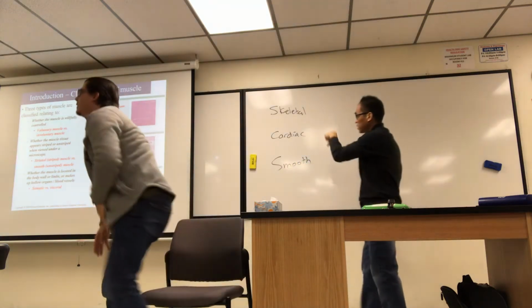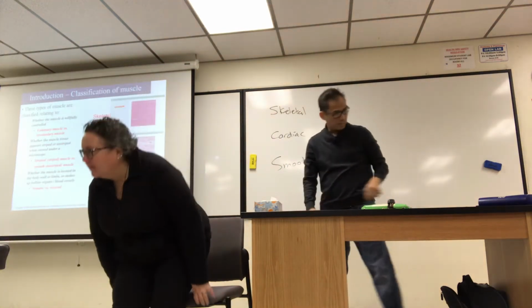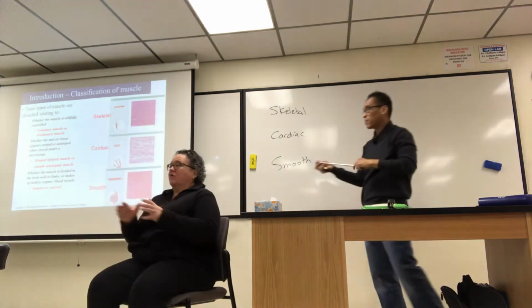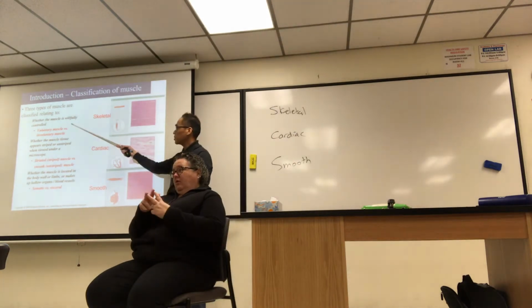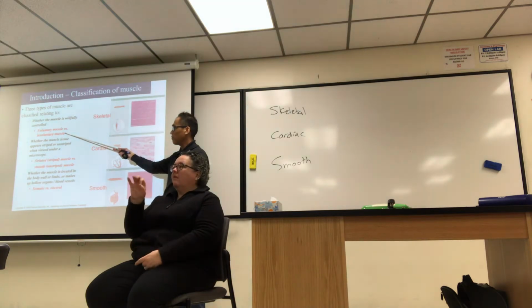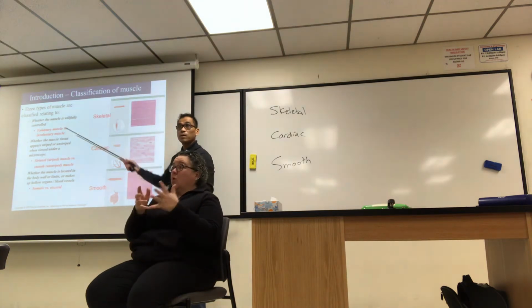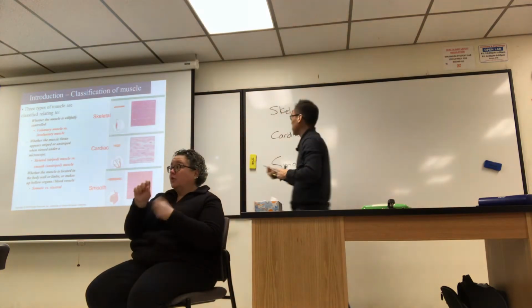You can categorize these three muscle types based upon whether the muscle is willfully controlled, right? So basically, voluntary versus involuntary muscle. The skeletal muscle you can control with conscious thought. It's a voluntary muscle.